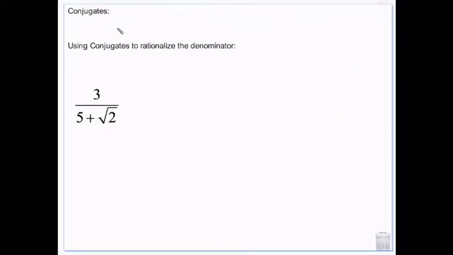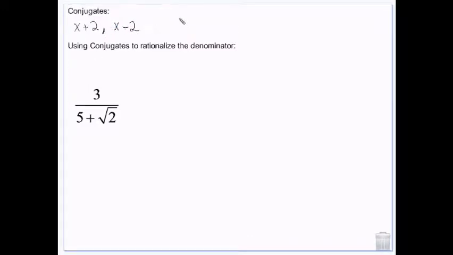Conjugates occur when you have expressions and one's a plus and one's a minus. And those are conjugates of each other. So for example, if I had x plus 2, the conjugate of x plus 2 would be x minus 2. These are conjugates.